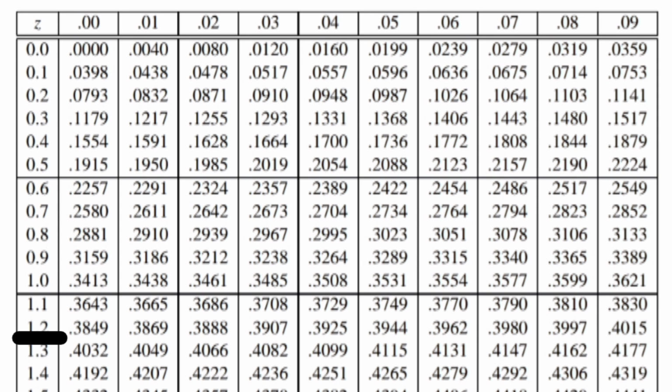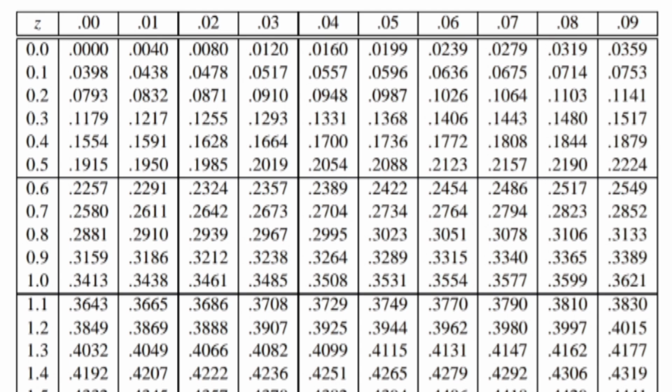As I said, this curve is equally divided. If the positive value is 2, then the negative value is also 2, the only difference being the sign. So refer to that normal table.